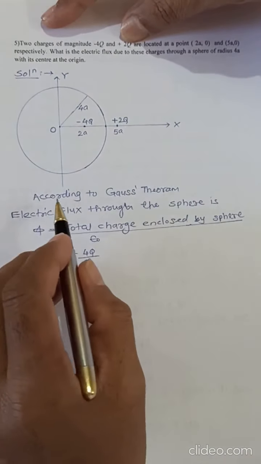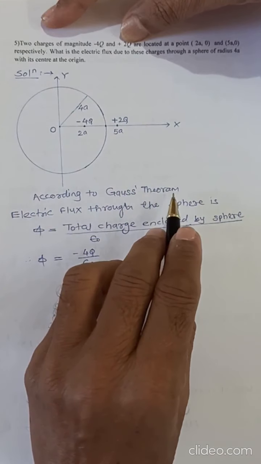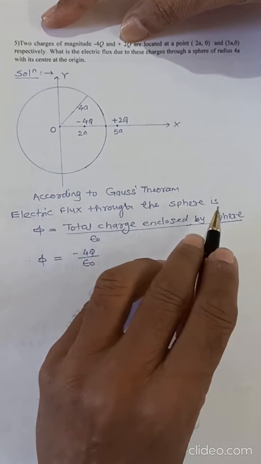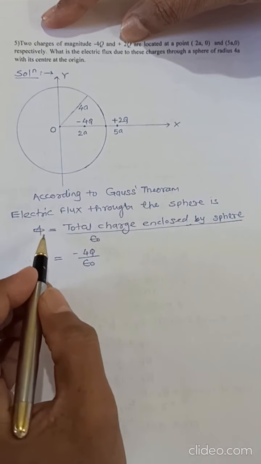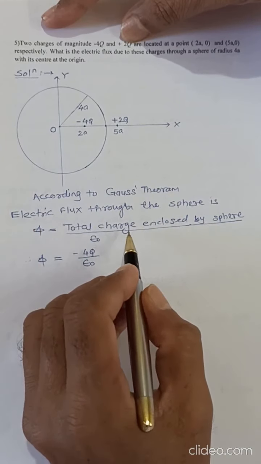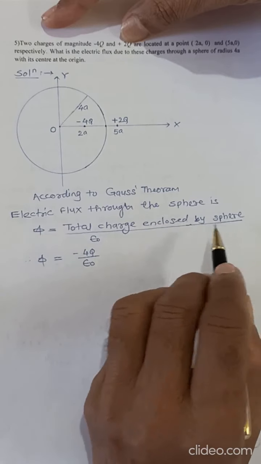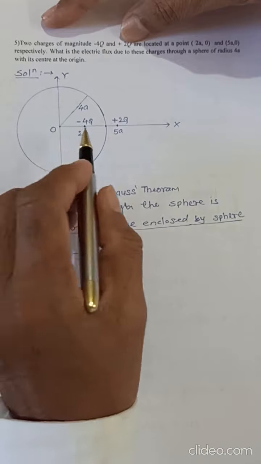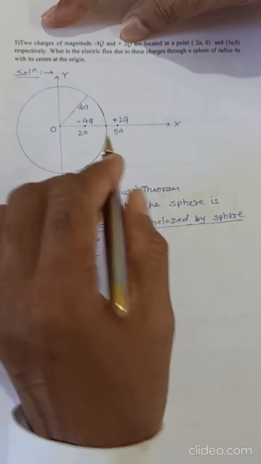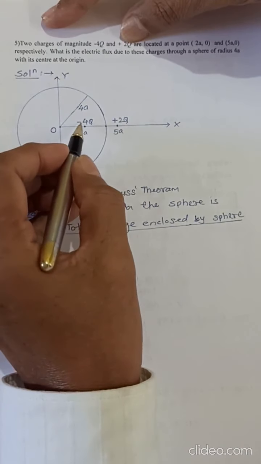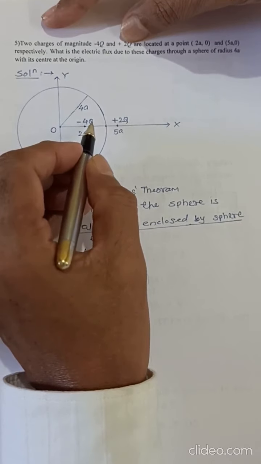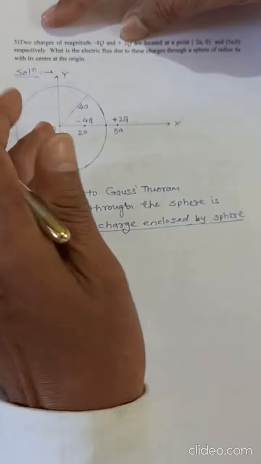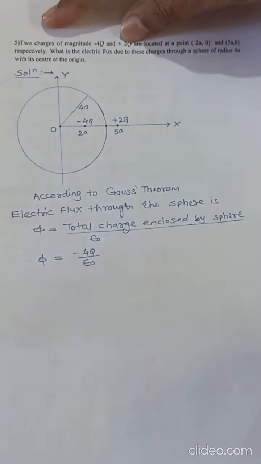And therefore according to the Gauss theorem or Gauss law, electric flux through the sphere is phi equal to total charge enclosed by the sphere upon epsilon 0. Now in the figure, the total charge enclosed by the sphere is only minus 4q, because 2q is the charge but this charge is present outside the sphere.